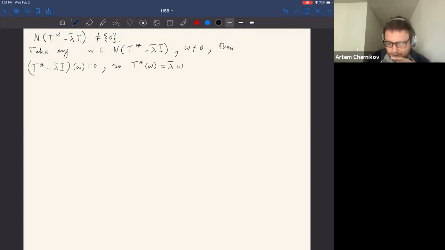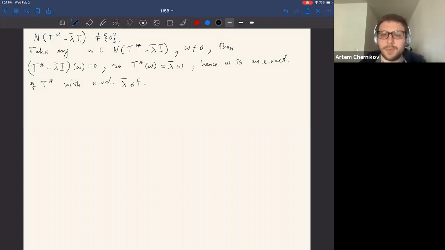So the conclusion is that w is an eigenvector of T star with eigenvalue lambda bar, which is a scalar. This was the point: we have obtained a non-zero vector such that applying T star to it corresponds to just multiplying by the scalar lambda bar. So this gives us an eigenvector for the adjoint operator T star.